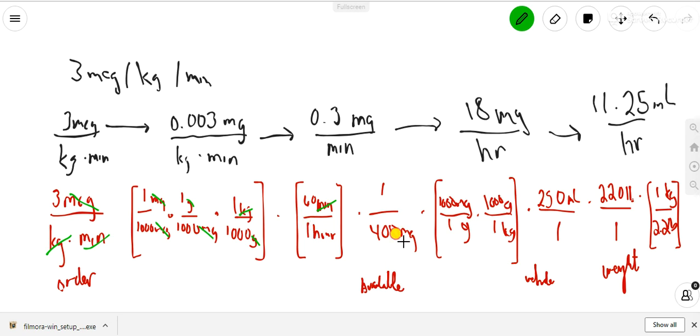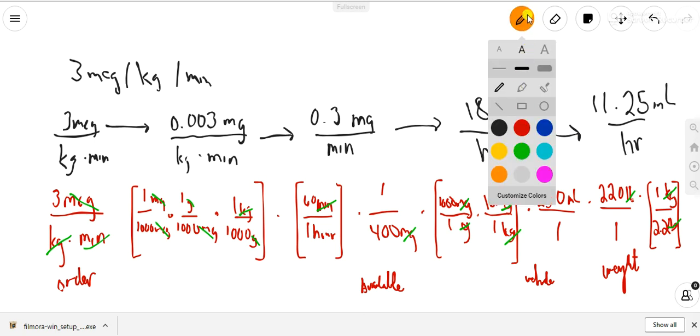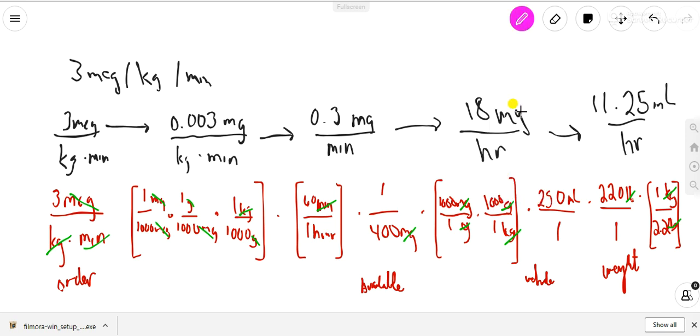I have milligrams canceling with milligram, gram canceling with gram, and then I have kilogram canceling with kilogram and pound canceling with pound. And what I have left, let's put it in purple, is milliliters per hour. And that was what I wanted my answer to be.